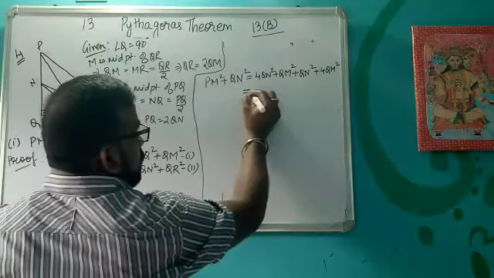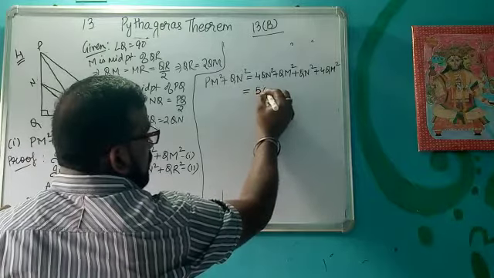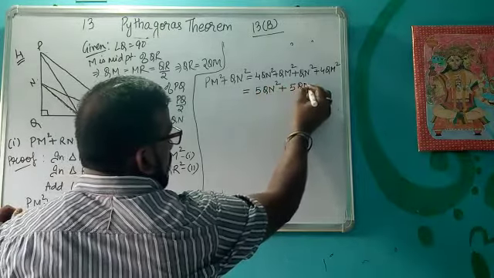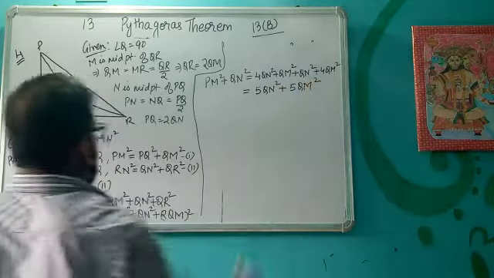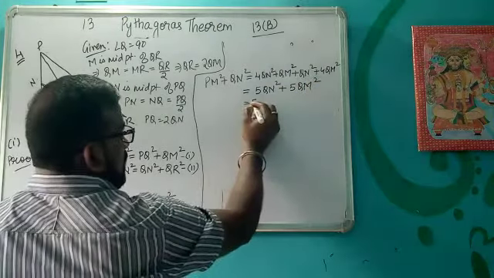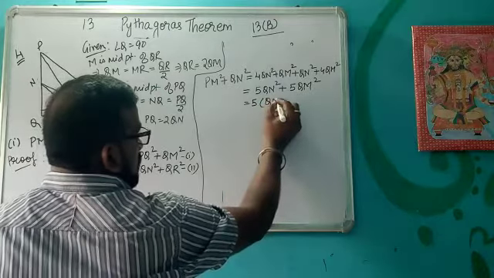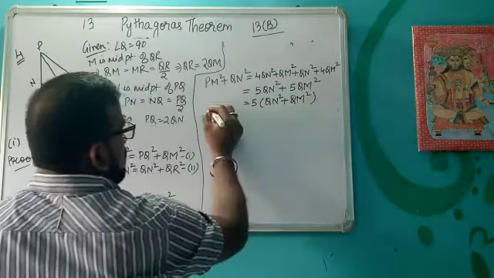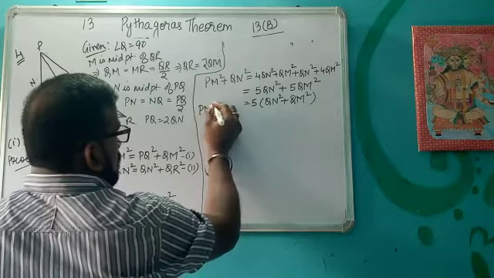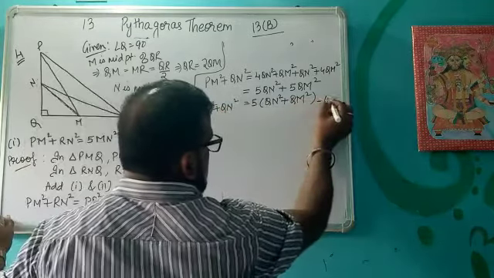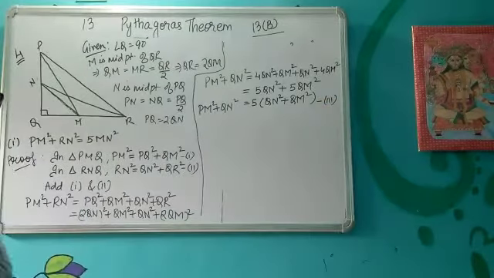So it gives 4 plus 1, 5 QN square plus 5 QM square. Then we will take 5 as common, so it is 5 times QN square plus QM square. So let it be our third equation.